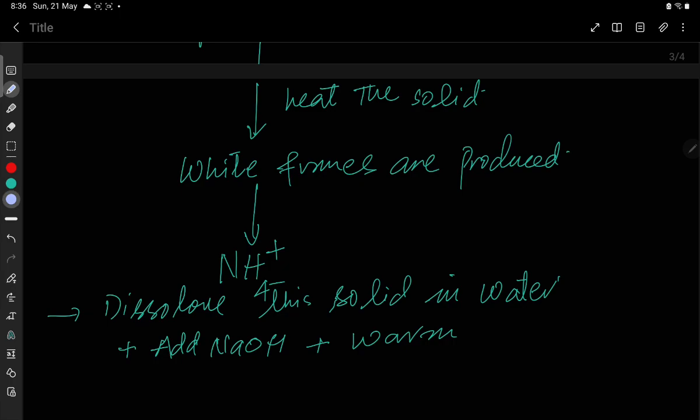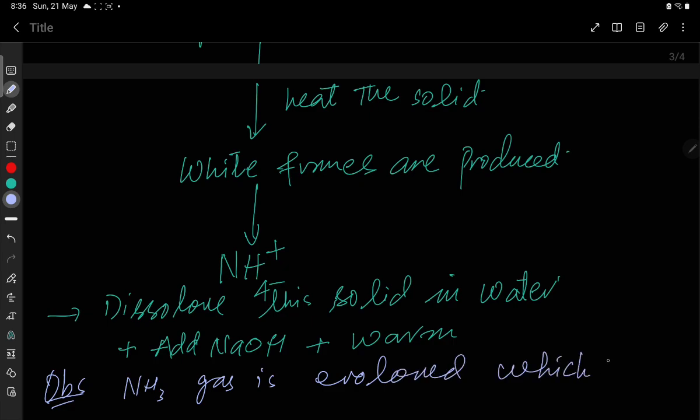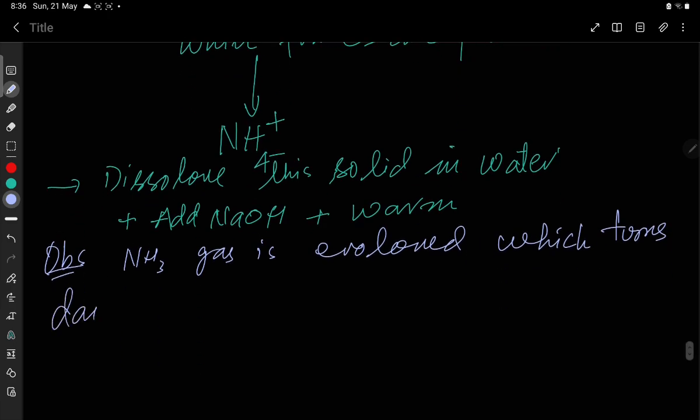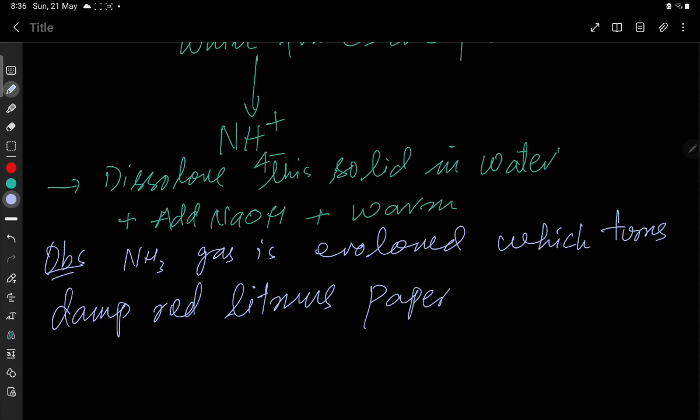The observation is ammonia gas is evolved which turns damp red litmus paper blue.